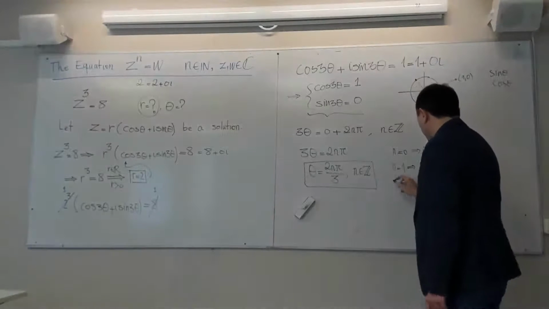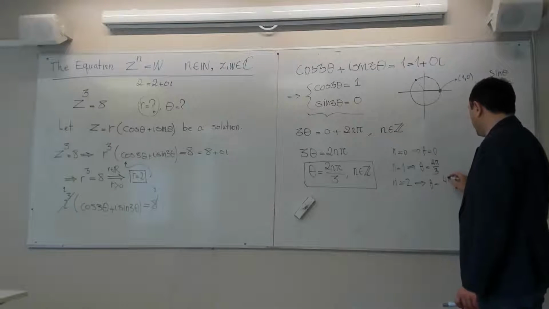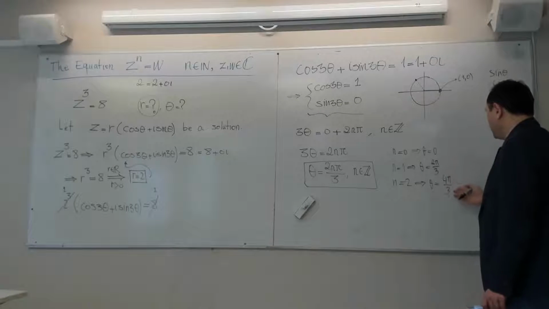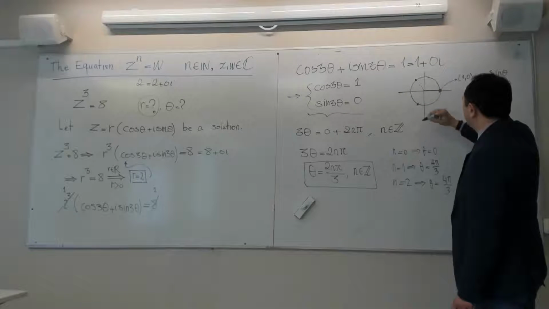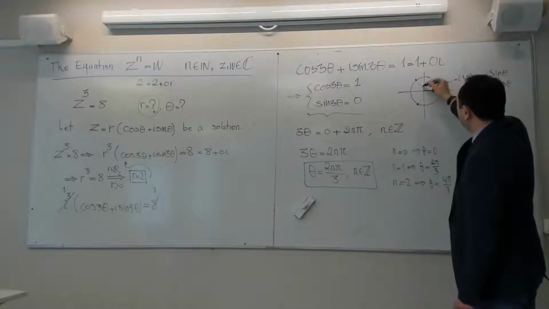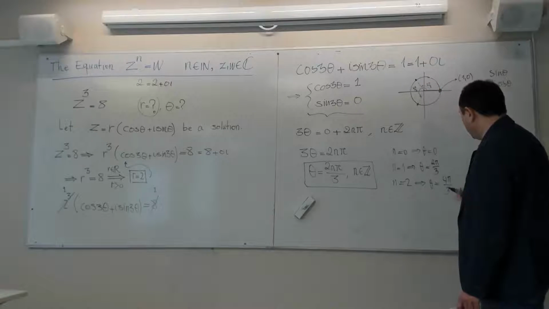Okay, let me check another point. If I put n equals 2, then what happens? Theta becomes 4 pi over 3. It is 240 degrees. So it would be here, for example. So this is 0, this is 120 degrees, which is 2 pi over 3, and then this bigger angle is 4 pi over 3. But look what happens.